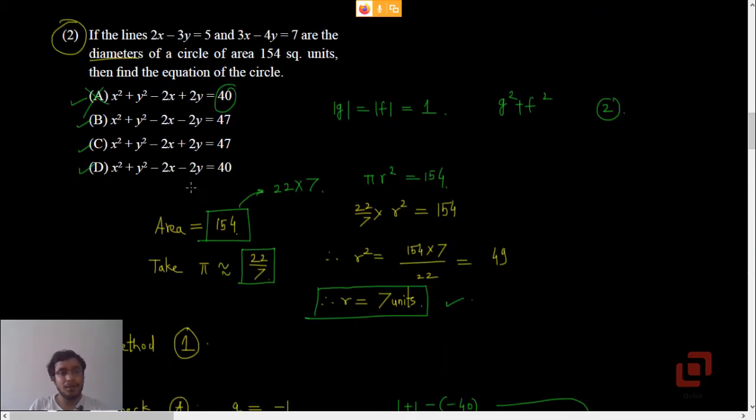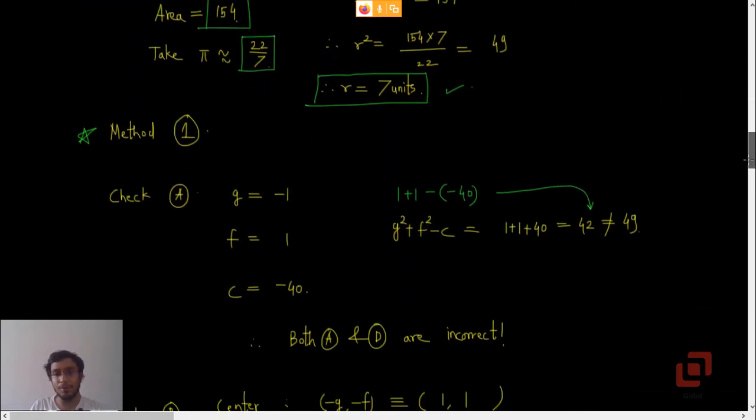Now if you go to option D, in option D also the constant term is negative 40. Although its center is located in the first quadrant, we have already noted that g squared plus f squared is always going to be equal to 2.